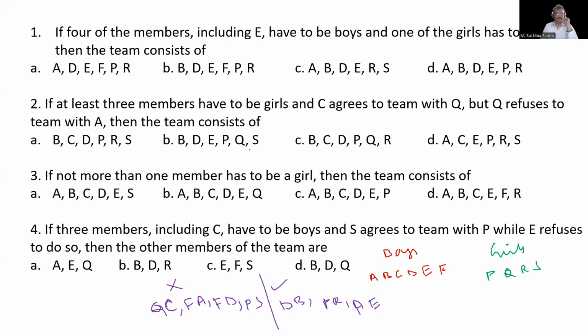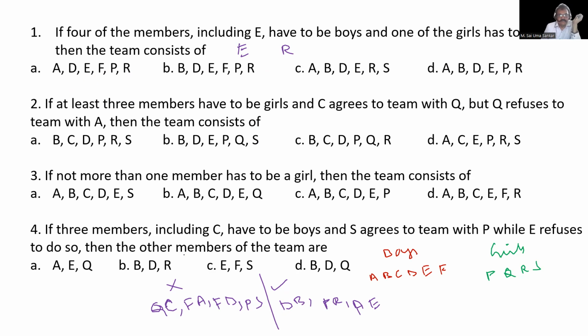Here, total 6 members. Already E must be there, and R also must be there. So, what about the remaining members? That is the basic requirement.